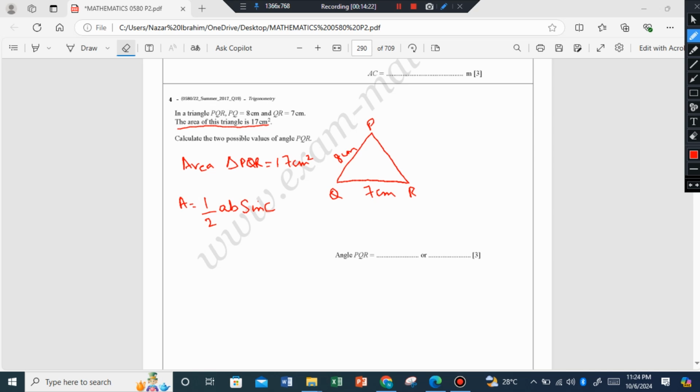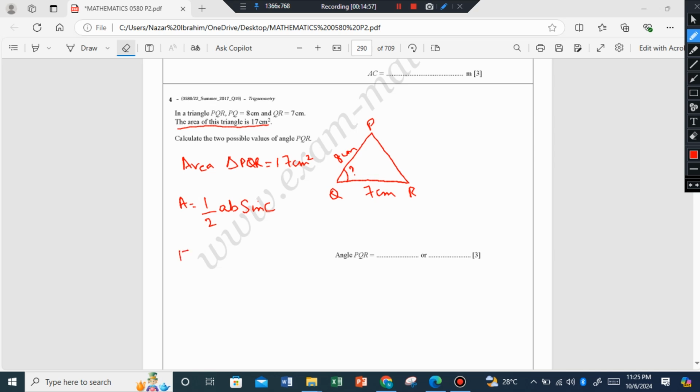For example, over here the angle formed between these two sides is this Q. So if these two sides and an angle are known, I can take out the area. Or if the area is known and these two sides are known, I can definitely take out this angle which is not known to me. Calculate the two possible values of angle PQR. First I will solve this, then we'll see why he is saying two possible values.